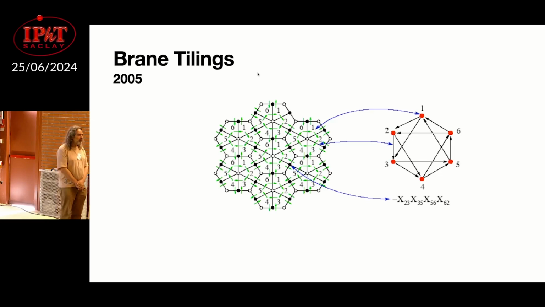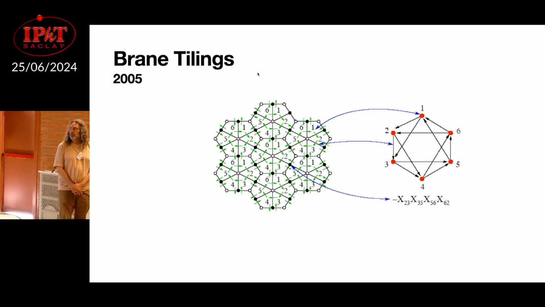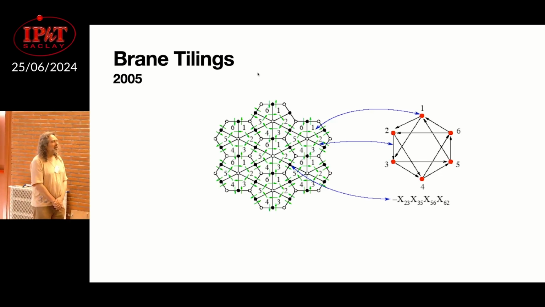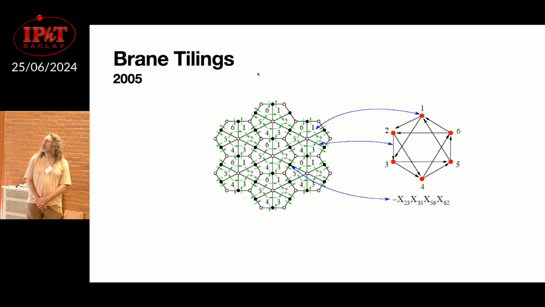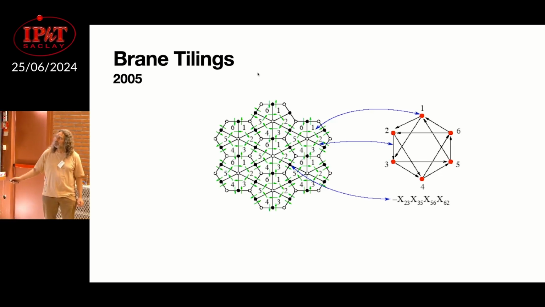A node is going to be a gauge group, a unitary gauge group. So I have 6 of them. An arrow will be a collection of scalars and fermions, which are charged under the gauge groups that they connect. And there will be interactions which are characterized by superpotential terms, like this one over here.